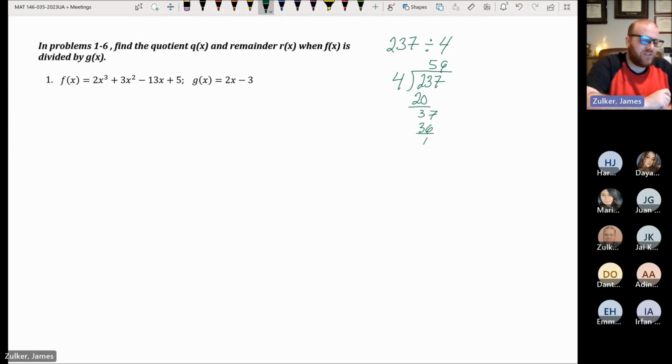Remember what that was called? The entire process. Right, 59 is the quotient, 1 is the remainder.